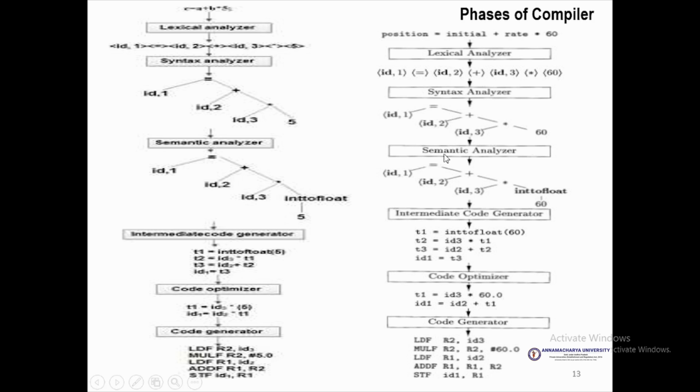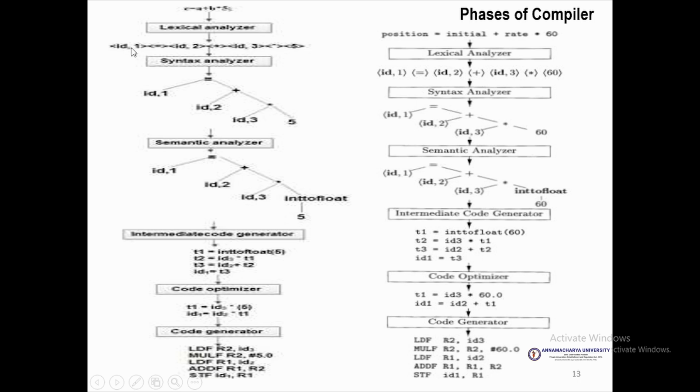This is an example of the different phases, showing how an instruction is translated from the source program to the target program. In this example, C equal to A plus B star 5 semicolon. How is this instruction transformed through all the phases of the compiler? In the lexical analysis phase, identifiers and tokens are identified.